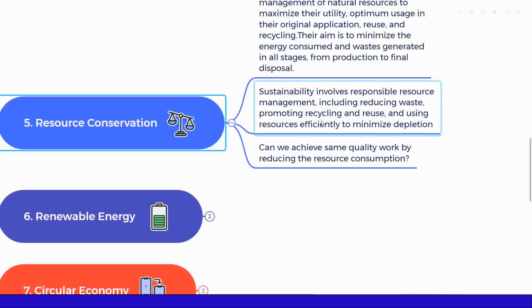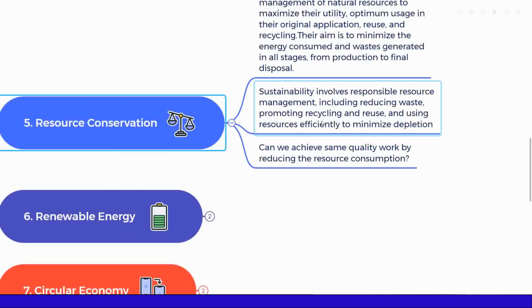One of the ways of doing it is in industries or in any operation, any work. You just imagine, can we achieve the same quality of work, the same outcome, with lesser resources? Resource can be material, energy, or water, and all these things are interlinked.